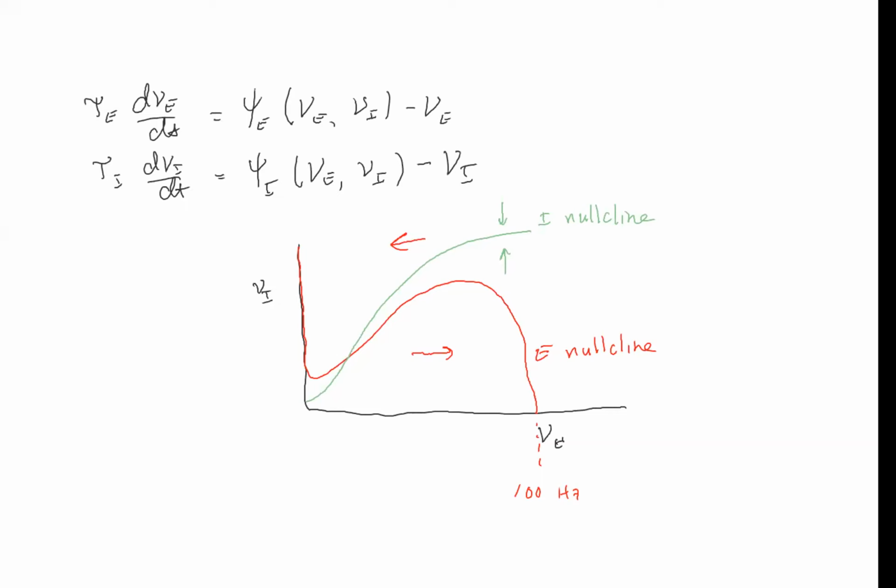If you're sitting right here, you're pulled up and to the right. And the closer you are to this, the less you pull to the right. Over here, you're going to be like this. So these are actual vector fields, and the vector fields tell you what direction you go and how fast given where you are.